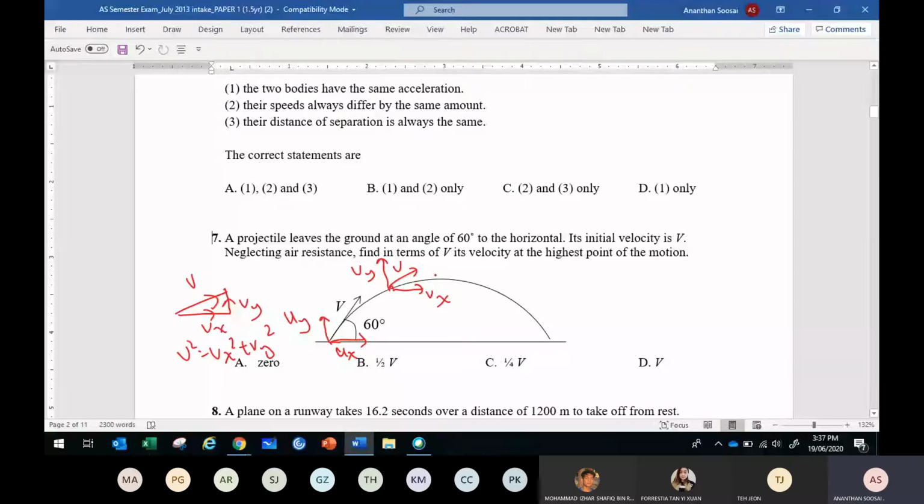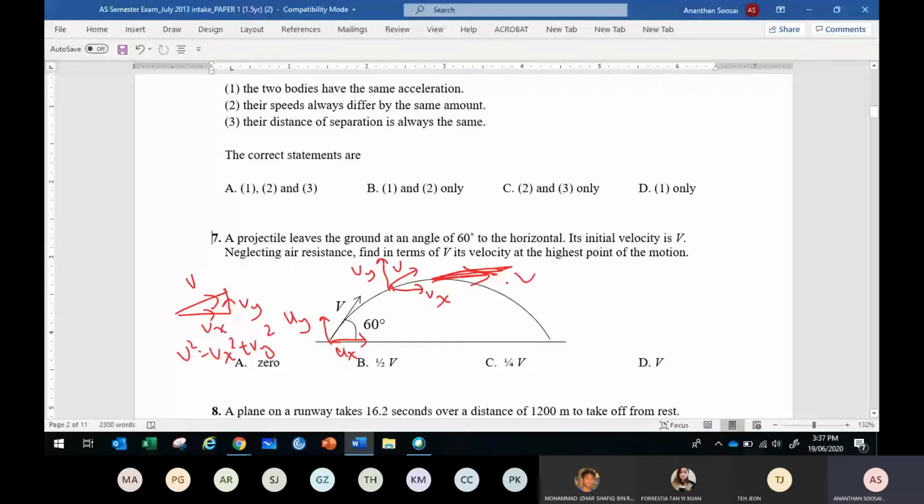At the top, at the peak point, it's a little unique because the V should be a straight line. The V should be horizontal. Which component becomes 0? The Vx or Vy?